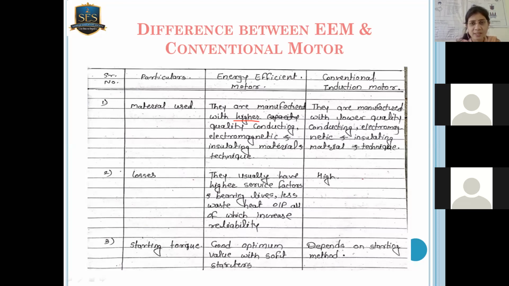Okay, rather than explaining in so much detail, it is fine if you write it shortly. So material use is higher quality versus lower quality. Losses are less versus high. Starting torque is good here, and poor there, or depending on the starting method.